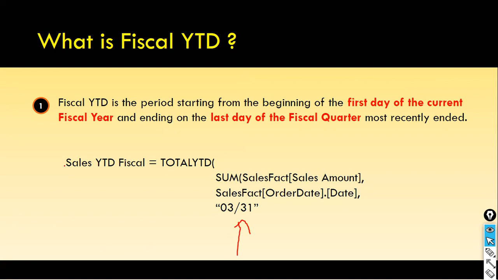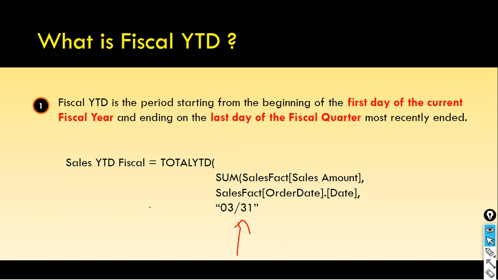What is calendar year to date? Starting from 1st Jan to 31st December. Even in the case of the USA, the financial year runs from 1st Jan to 31st December. But in India, the financial year starts on 1st April and ends on 31st March of the next year.